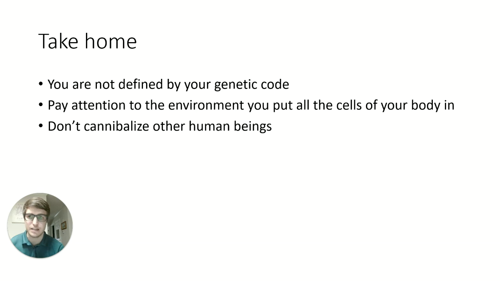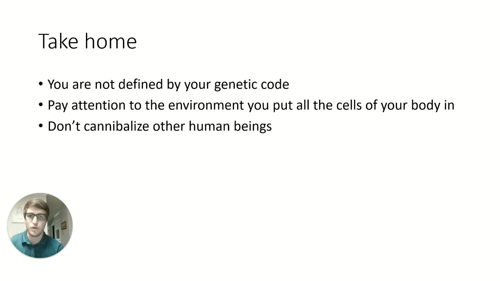prion proteins being dysregulated. It could be simpler cases like when a person smokes or when a person has too much fat in their diet. And so that can change the genes that are actually going to be expressed. So put yourselves in a good environment, all of your cells.